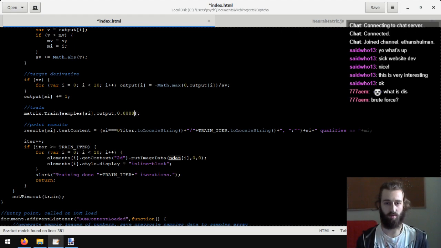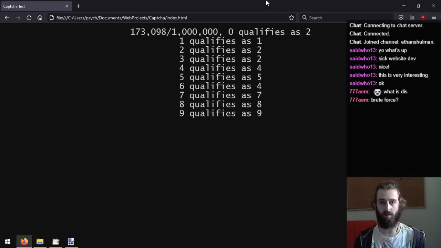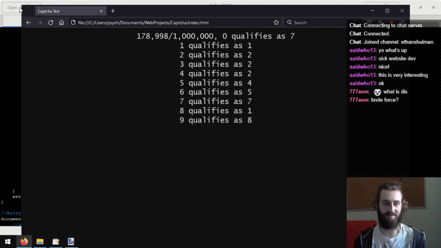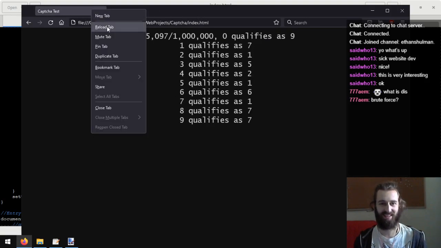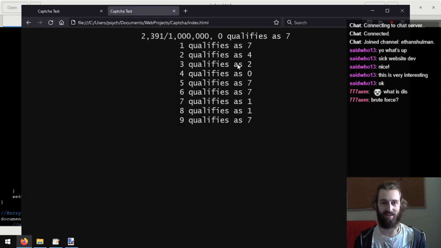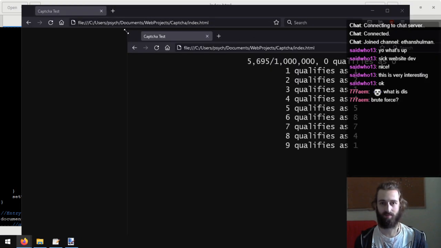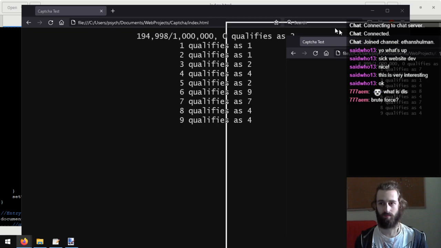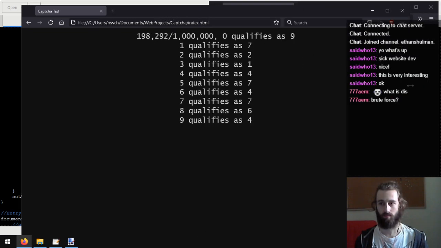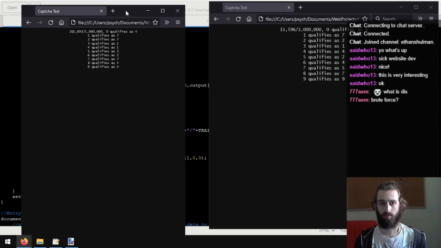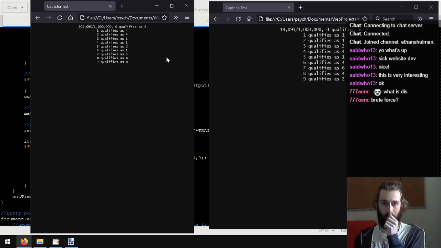I guess I could run multiple of these training at once, because it's browser tabs. Let's do it. So this one's with 0.8 learning rate, this one's with 0.333 learning rate.